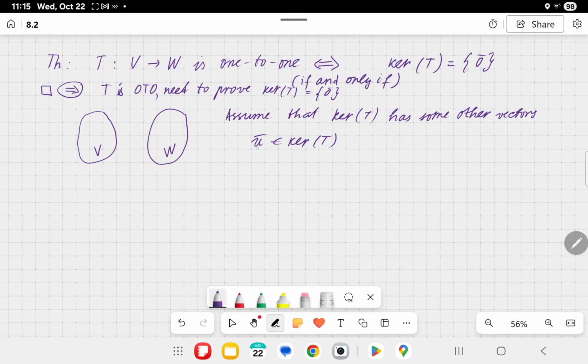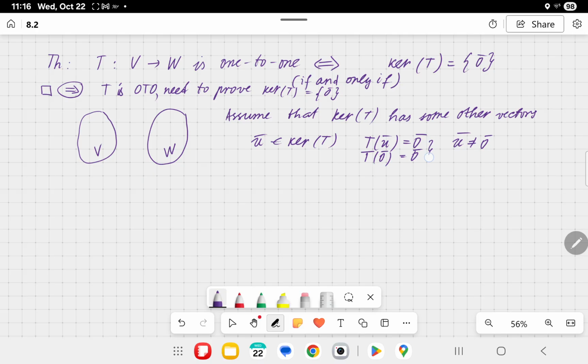What do we know about that U? If it belongs to the kernel, it means that the transformation of U must be equal to 0, right? We also know that the transformation of 0 is equal to 0. We proved it somewhere in the previous lecture. So we have two different vectors, U not equal to 0, because if they were equal, we would have nothing to prove.